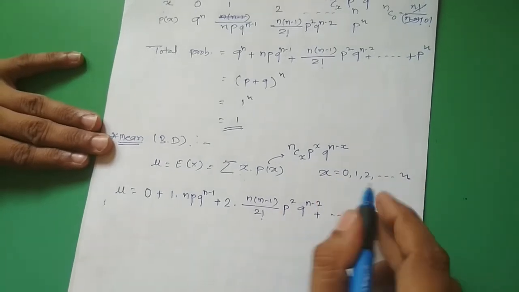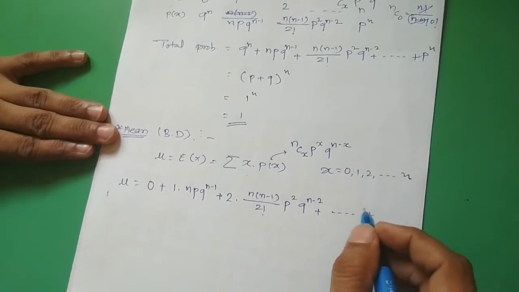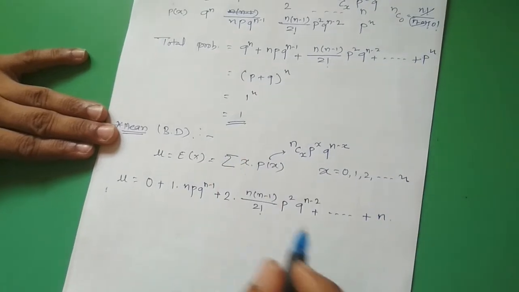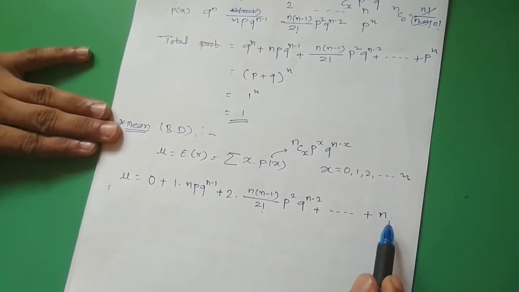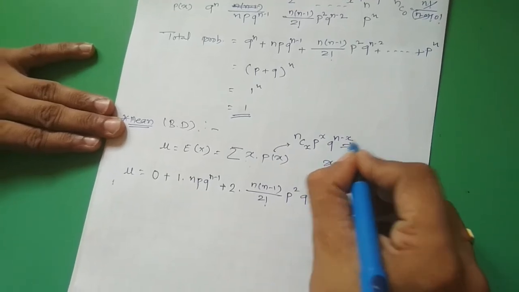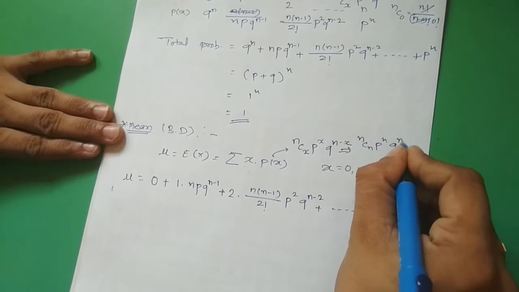So when you put x equal to n, what will we get? If we expand this, it's nCn p raised to n q raised to n minus n.